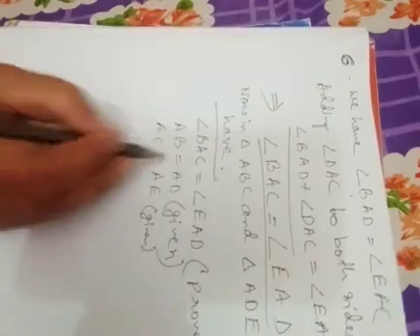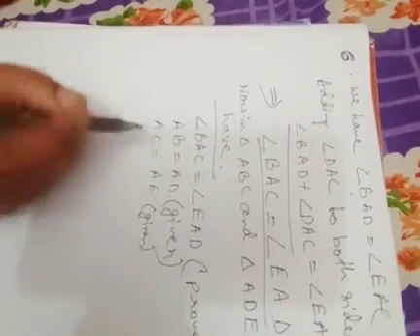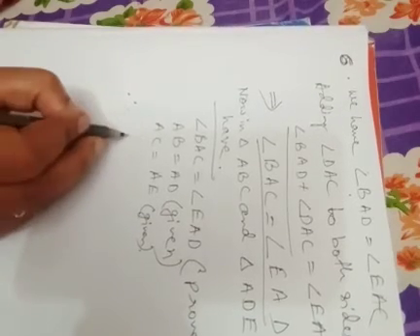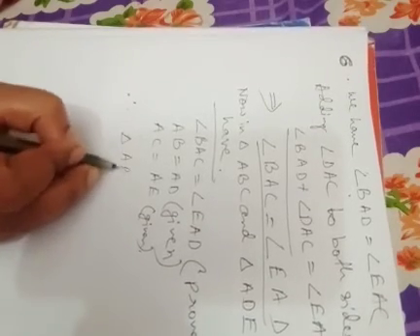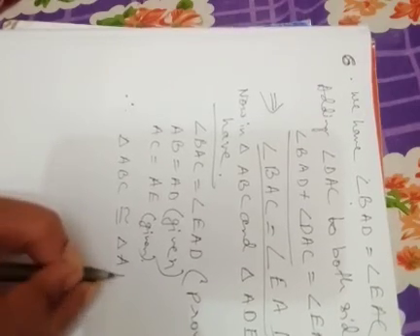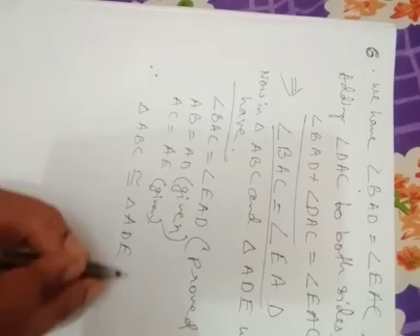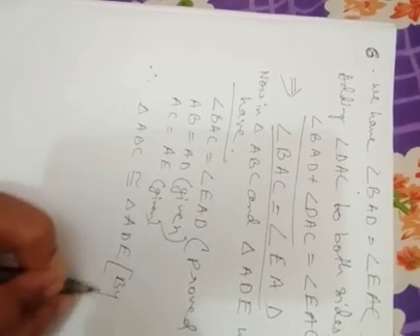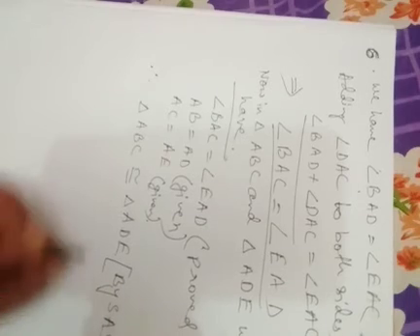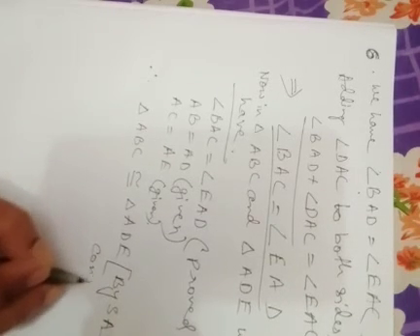So from these criteria, we can write that triangle ABC is congruent to triangle ADE by what rule? By two sides and one included angle, that means side angle side congruency rule.